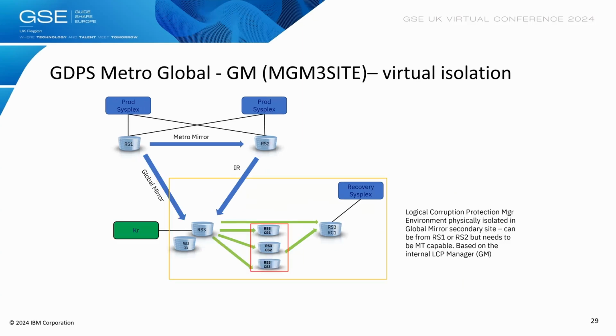And finally, this is the same configuration with MGM three-site, but this time with virtual isolation. So this time there is no global copy of the recovery region disk. The LCP captures are taken directly from RS3, and the LCP environment is managed by the GDPS remote controlling system.